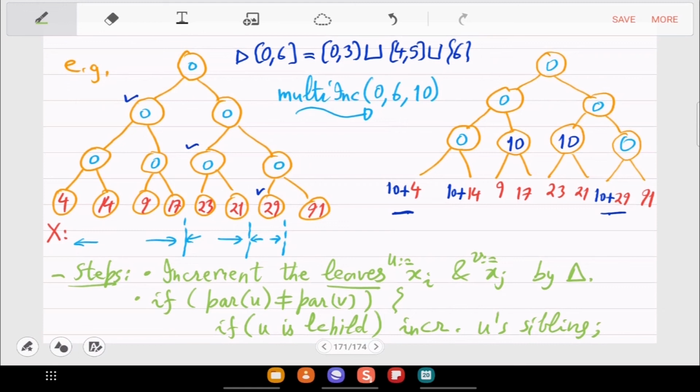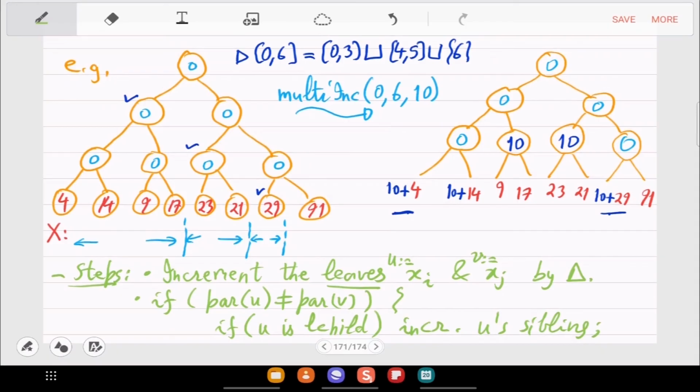But if U is a right child, then its sibling should not be incremented. So whether the parent of U you can put delta or not depends on which direction U is. So that check has to be done. You can change the pseudocode, but it will not become shorter. So this check is the minimum that you have to do.